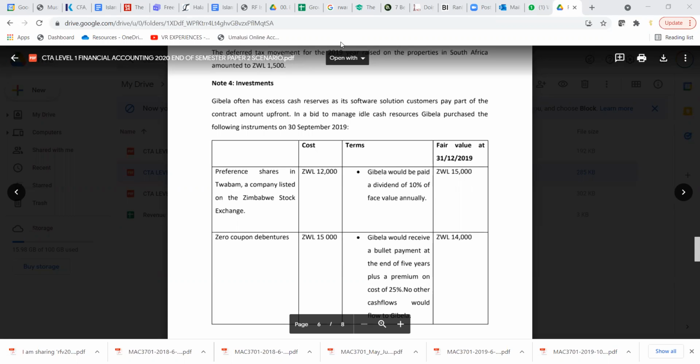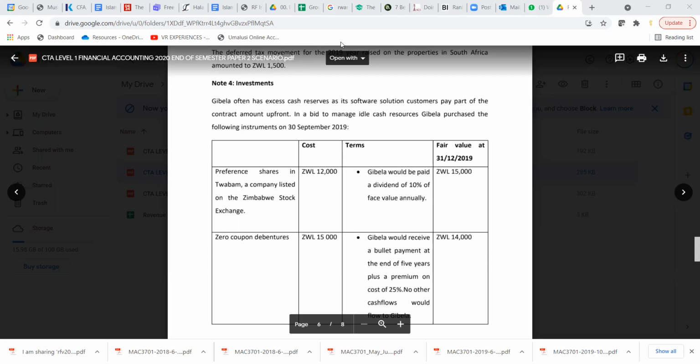Okay, so when a bank offers you a rate, they look at your credit risk, your credit profile. So if the interest rate is solely got to do with credit risk and time value of money, then that would make it cash flows of solely principal and interest. Okay, so that's important to take note.